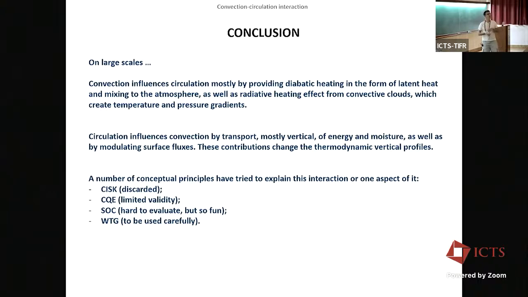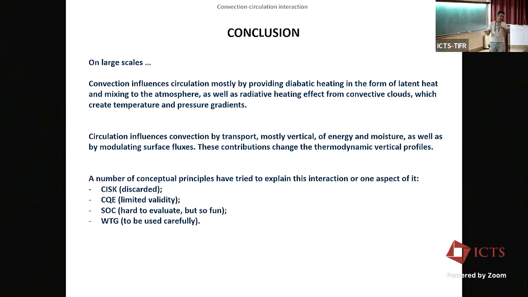So, how the dynamics work on convection is by changing the profile, and so contributing to convective inhibition or instability, mostly from the latent heating, but also from the radiative effect. Sorry. So the circulation will transport vertically and change the stratification. You can also have some surface flux effects.